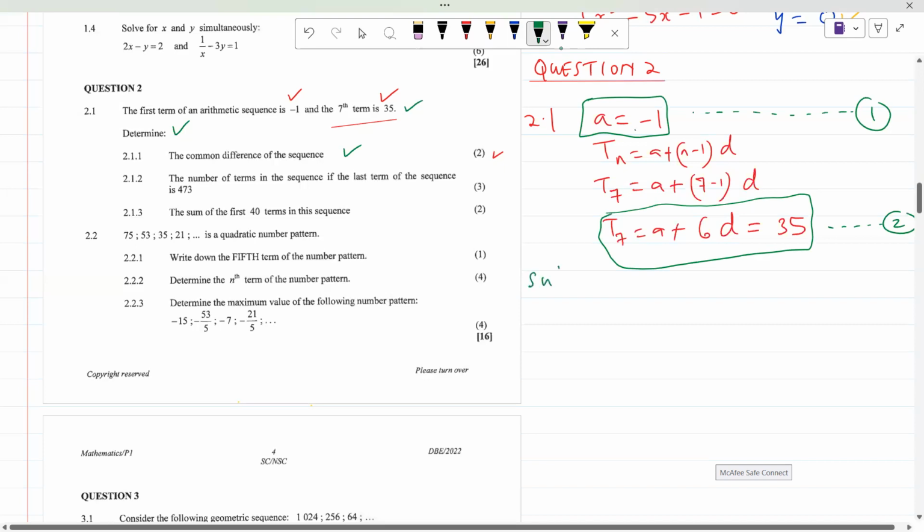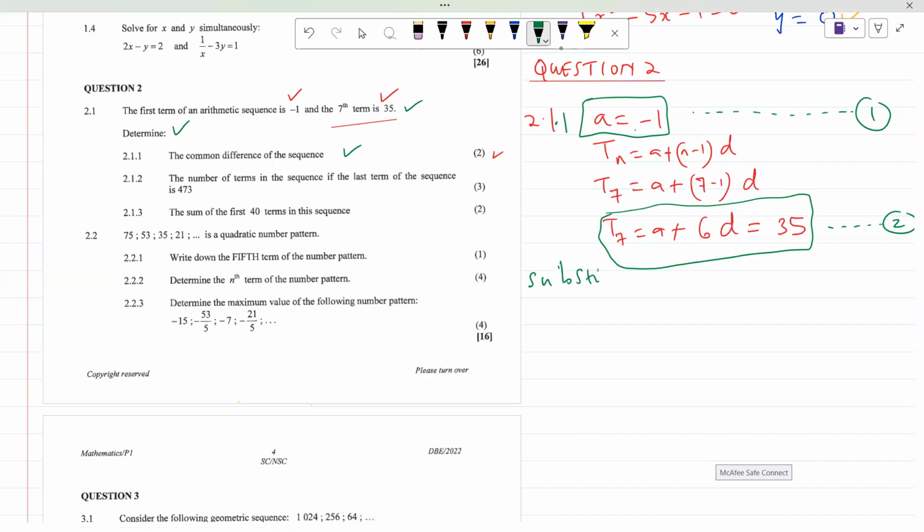Okay, we're looking at 2.1.1. At this point, we substitute equation 1 into equation 2, which means therefore you have -1 plus 6t is equal to 35, which means 6t is equal to 36.